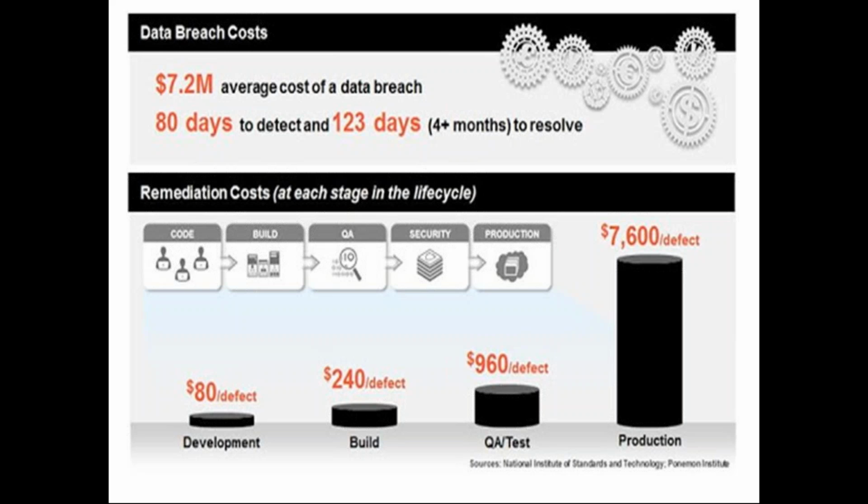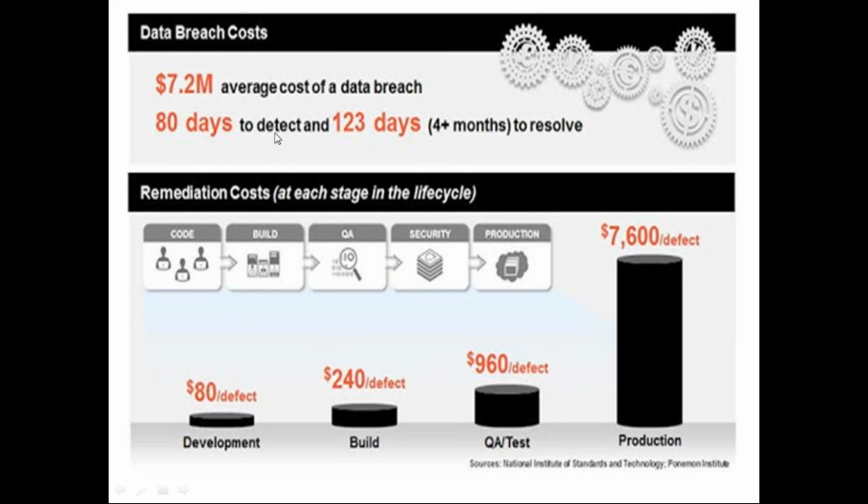Now, from the industry perspective, because of these data breaches, a lot of money is getting wasted. If you see from last year, almost $7.2 million was wasted because of these data breaches.